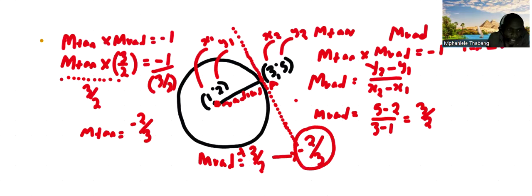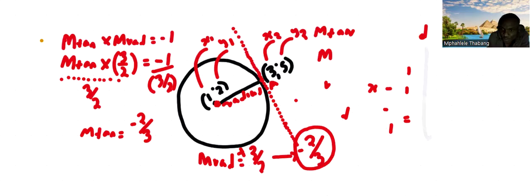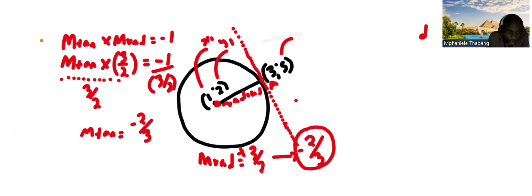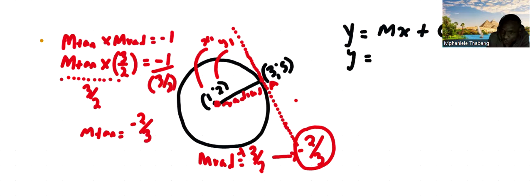Now, because I have the gradient of a tangent, I can find the equation of the tangent, which is one of the questions that may come anytime. You say y equals mx plus c. Let me start by saying y equals my gradient, my m is -2 over 3, x plus c.